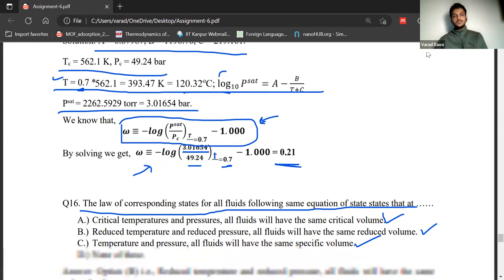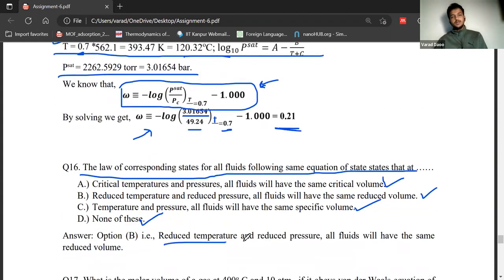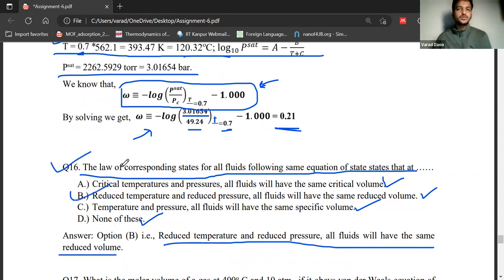So the correct answer is option B, right? Reduced temperature and reduced pressure, all fluids have the same critical reduced one, right? So the correct answer is option B. So anybody has any doubts? I'll give you a couple of minutes, and then we'll move on to the next question.